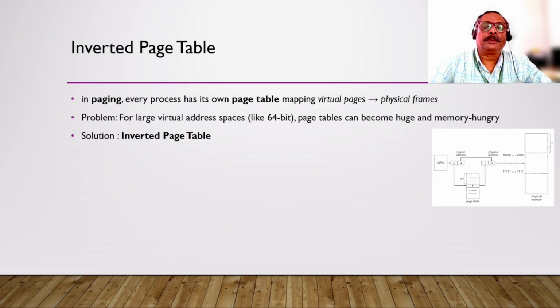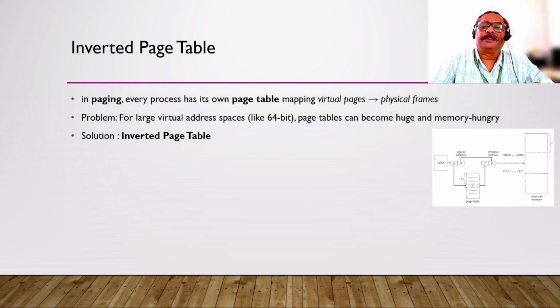Instead of maintaining one page table for every process, where you are mapping the page of a process to the physical frame, if we can reverse it, that means we have a limited number of physical frames.